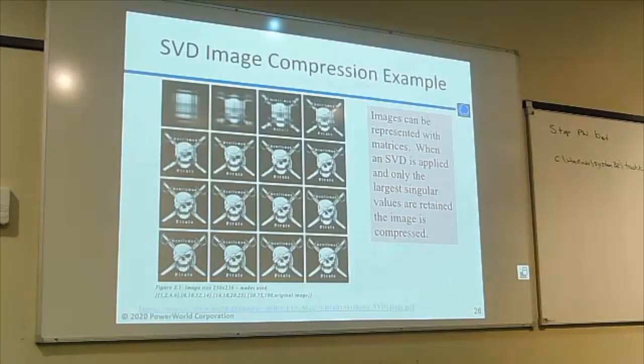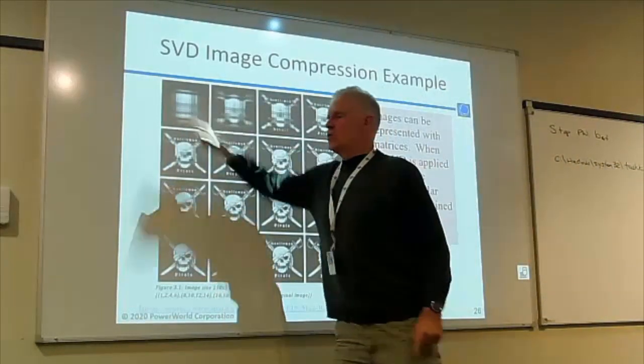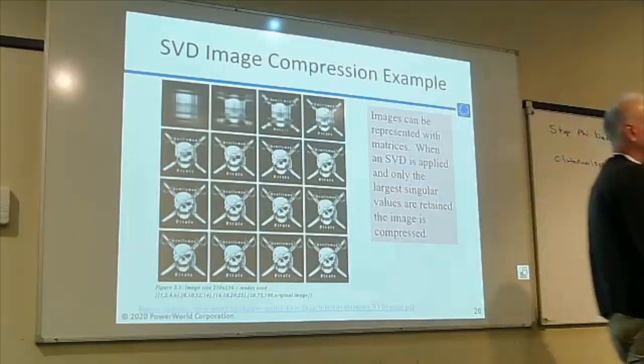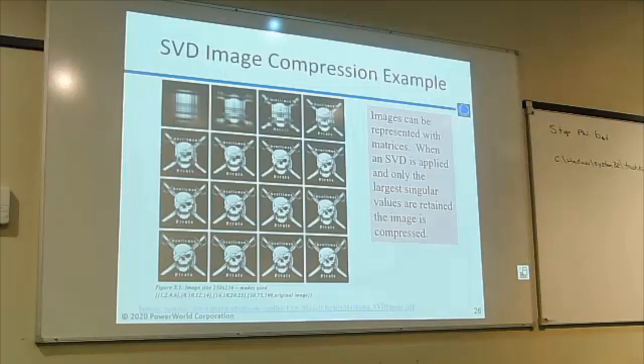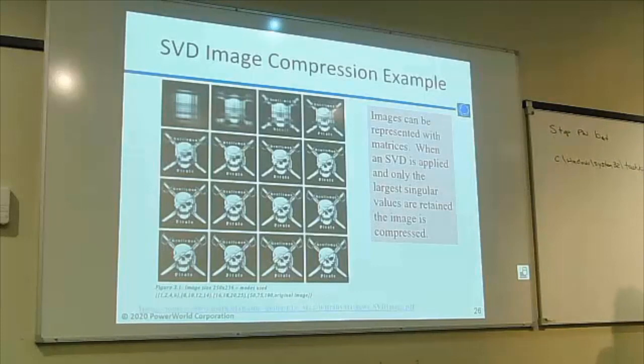The original 256 by 256 requires that I store 256 squared pixels. If I take one value and two vectors of 256 each, I'm storing, in essence, 2 times 256, a small fraction of the information. I get something that doesn't look that good.